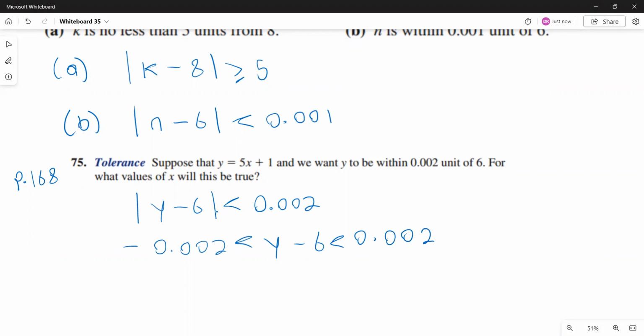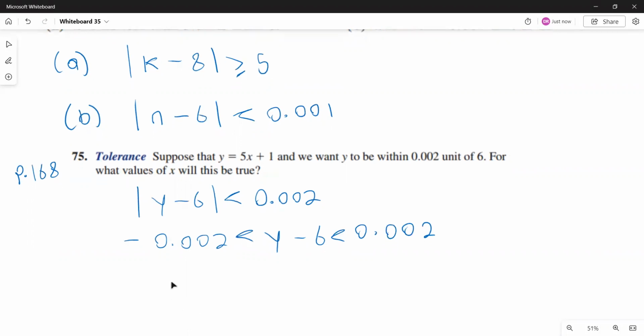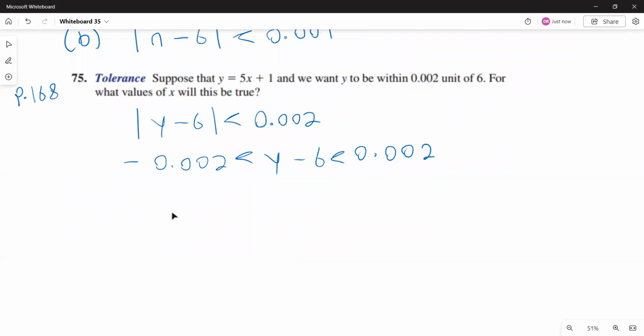Okay, so we can solve this absolute value. I'm missing some, but that's okay. But y is 5x plus 1. I should have done that initially, but I can continue doing this problem. Y is 5x plus 1, so 5x plus 1 minus 6.